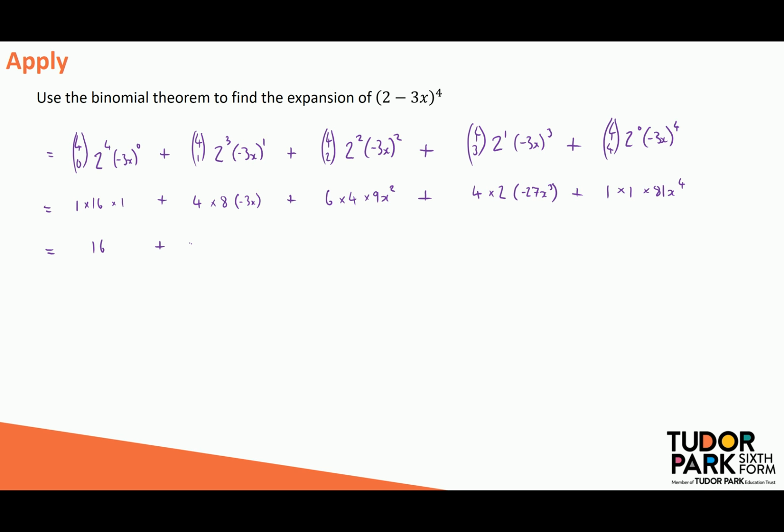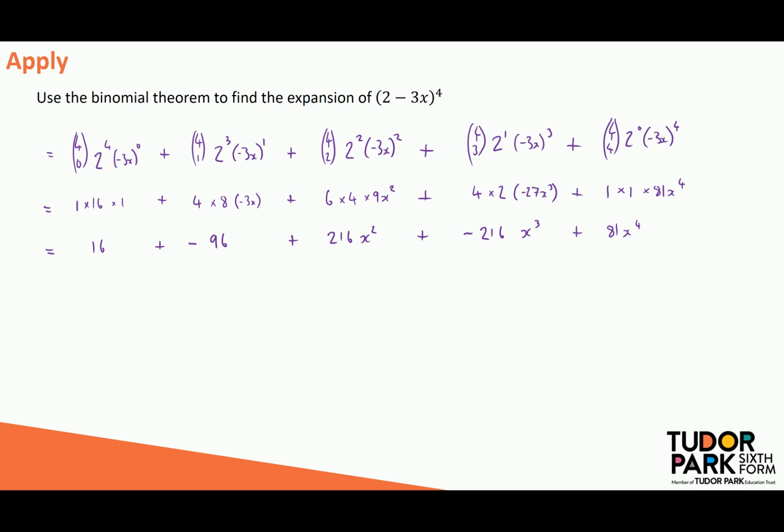That's negative, so that's minus 96. 6 times 4 is 24, 24 times 9 is 216x squared. That's 8 times 27, which is, again, 216. Again, being careful with the negative, so that's minus 216x cubed plus 81x to the power of 4.